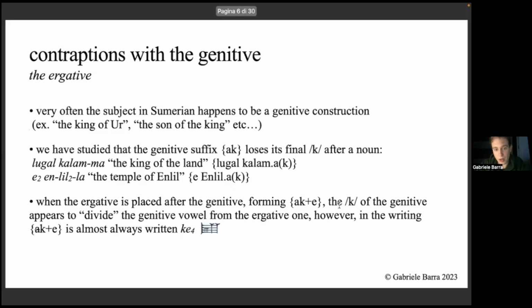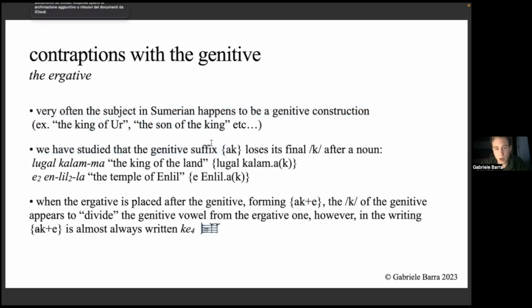But let's see about that. Okay. So this is about that. So very often you have genitive constructions, so the son of the king, etc., used as subject of the sentence. So they have to be in the ergative. So they take a final e.